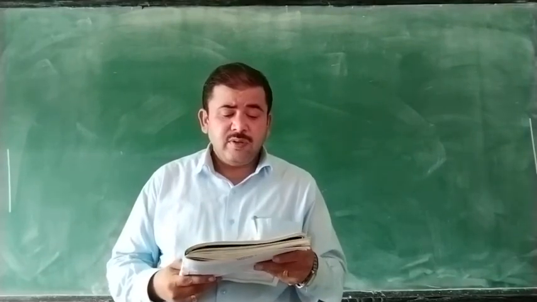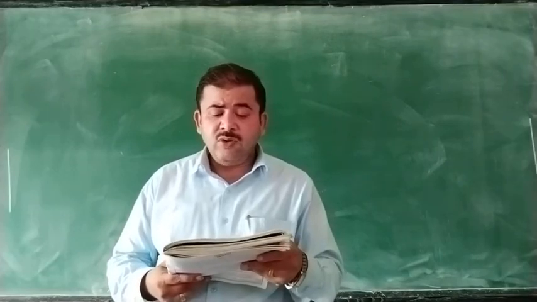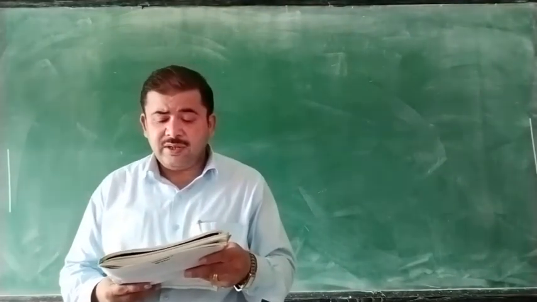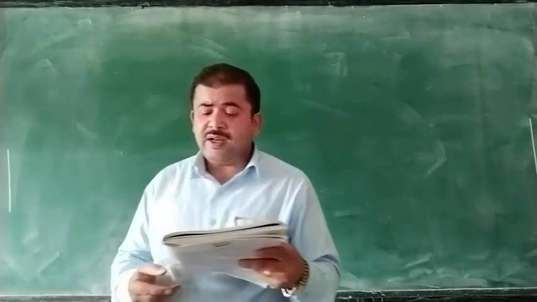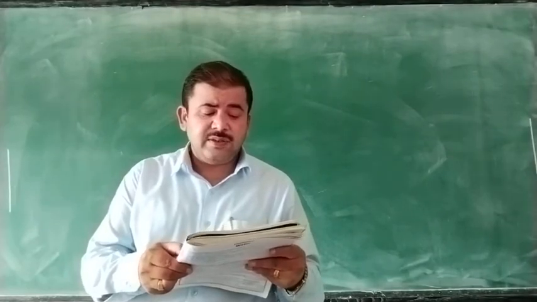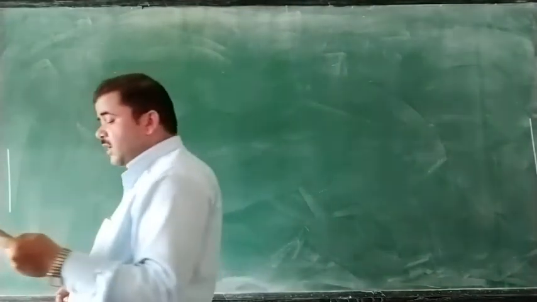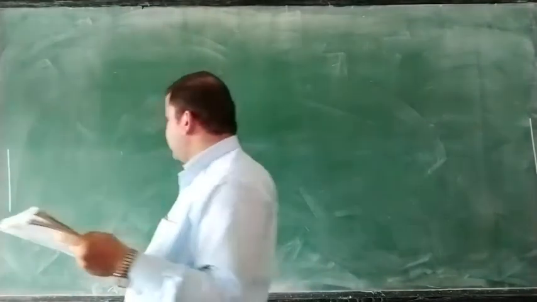And fourth, an ammonium salt reacts with an alkali. So when an ammonium salt reacts with an alkali, we get ammonia gas. Here we can see the reaction of this.